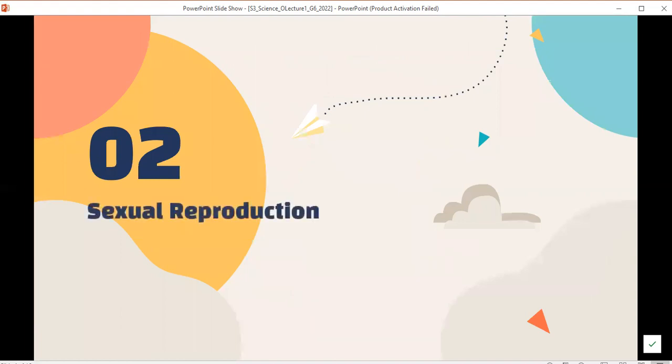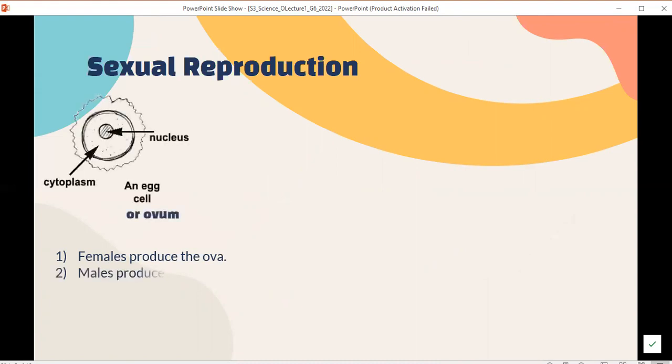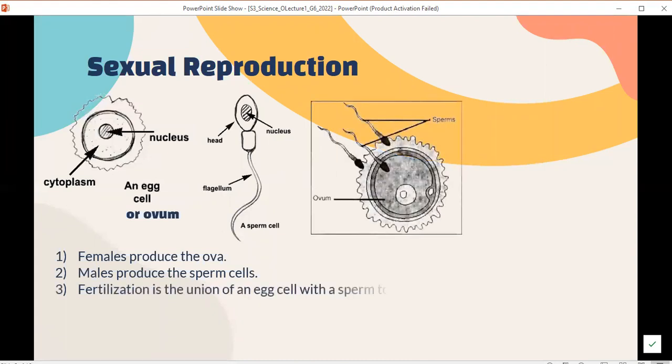What about sexual reproduction? As we said, it involves the engagement of two parents. The females produce the ova, an ovum. Males produce the sperm cells. Together, males and females give the zygote.